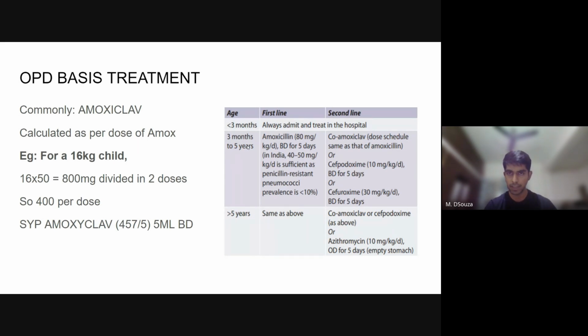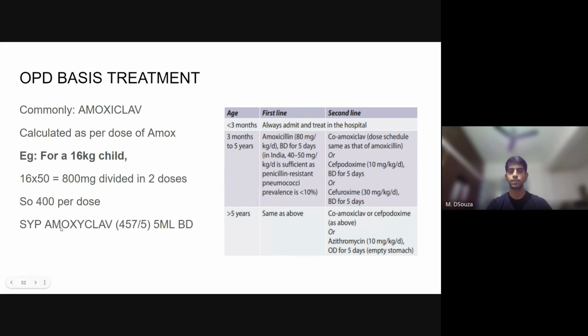Usually we would give the child 50 mg per kg per day of amoxicillin. So for a 16 kg child, you would require 800 mg in 2 divided doses, about 400 mg per dose. You want to give the child 400 mg in the morning and 400 mg at night.